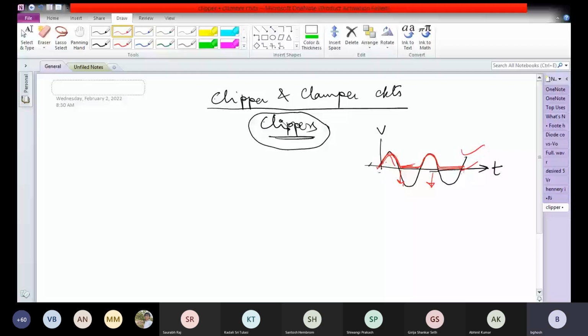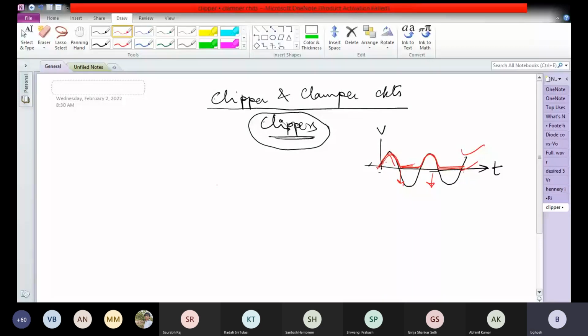So this can be used to prevent, for example, breakdown of transistors in a circuit. Let us say for a particular transistor, we do not want the transistor to be more reverse biased than this value. So like that.